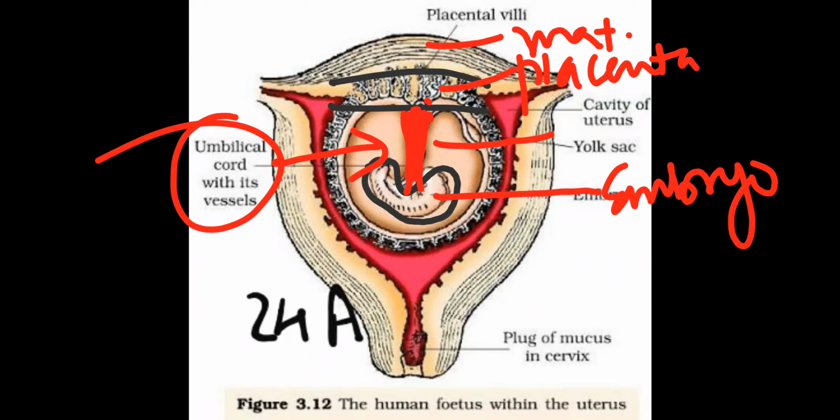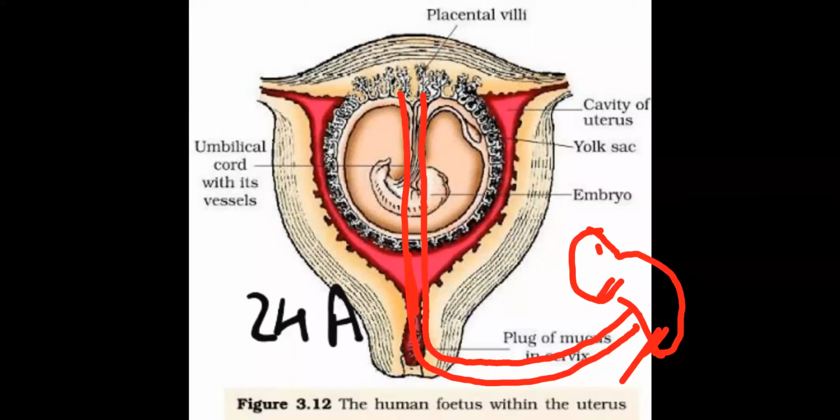But think in reverse: if the umbilical cord is longer, even if the baby is trying to come out from the birth canal, getting away from the placenta, still it is connected to the placenta via this umbilical cord, which will keep supplying oxygen even while the baby is on its way through the birth canal.